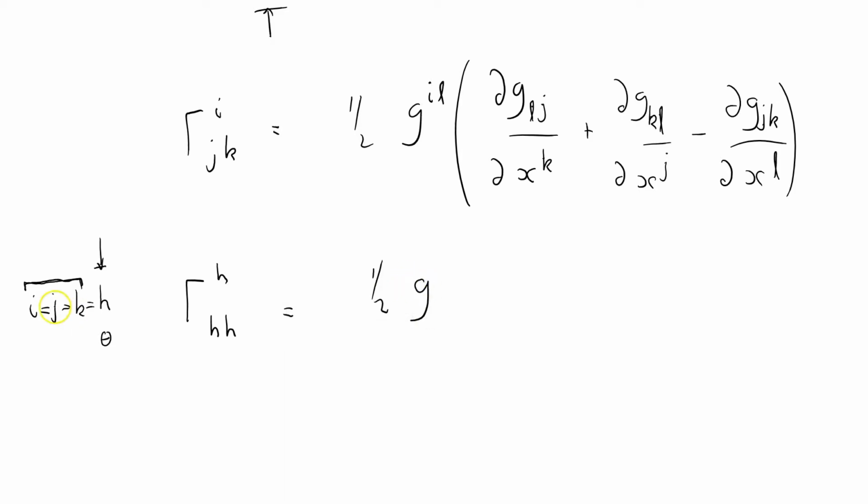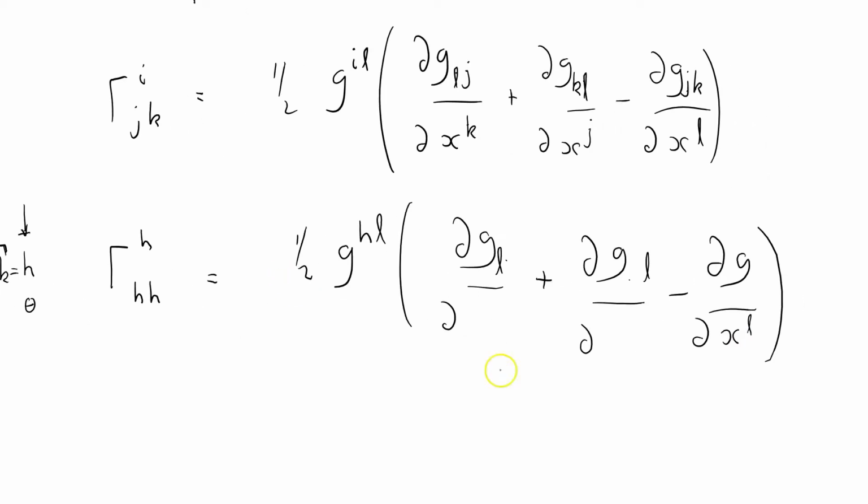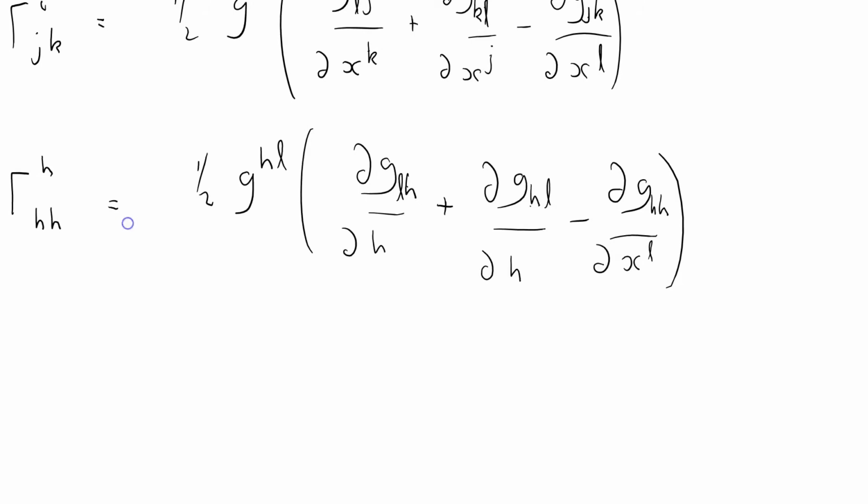So it's going to be g h l, where l is the summation variable, times the partial derivative of g by something, plus the partial derivative of g by something else, minus the partial derivative of g by something else. And I'm going to fill the bits in. So it goes an l there, and l in the second place, and I'm just going to leave it as partial x l there. Now what have I got left? Everything else is an h, h, h, h, h, h, but it's still summed over l.